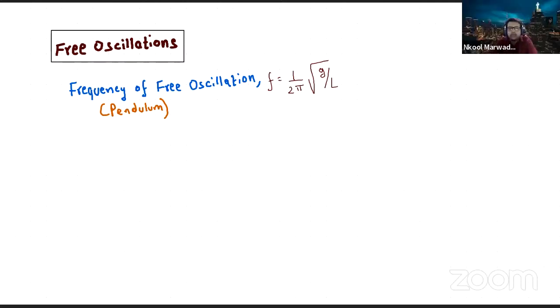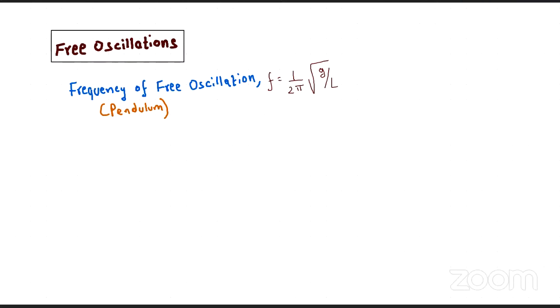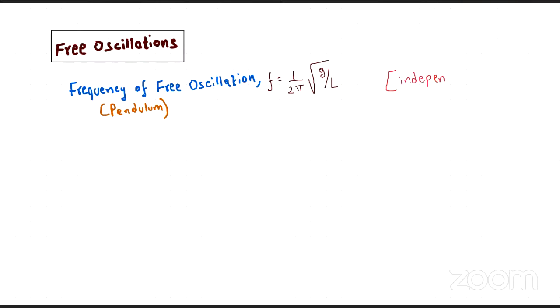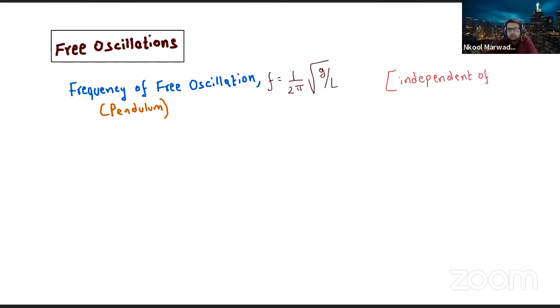And a very important observation: the frequency of oscillation is independent of mass. Very important, because in this equation there is no mass. It only depends on the length. Greater the length, less the frequency, and the more time it takes to complete the cycle.